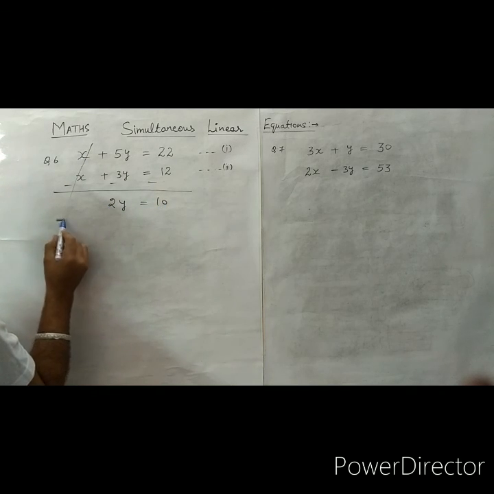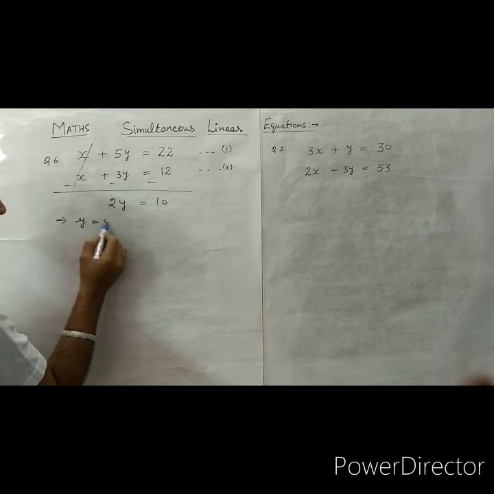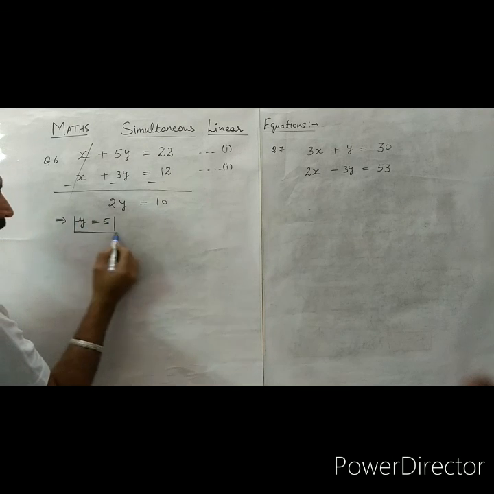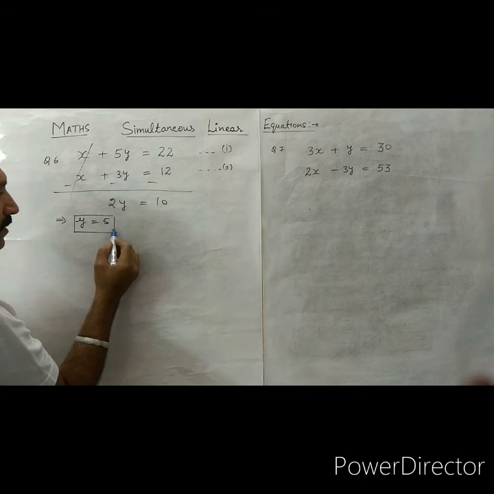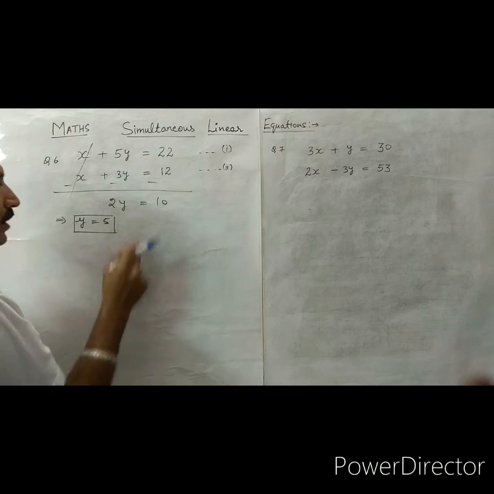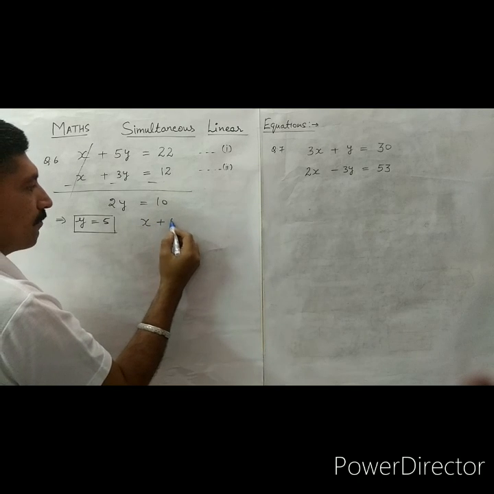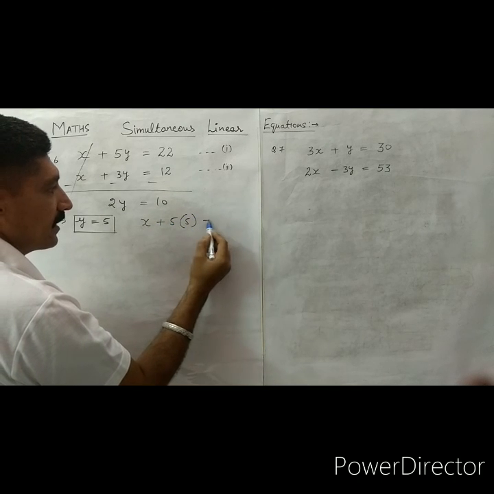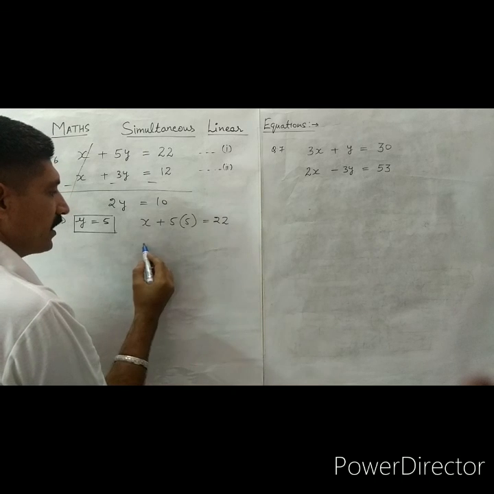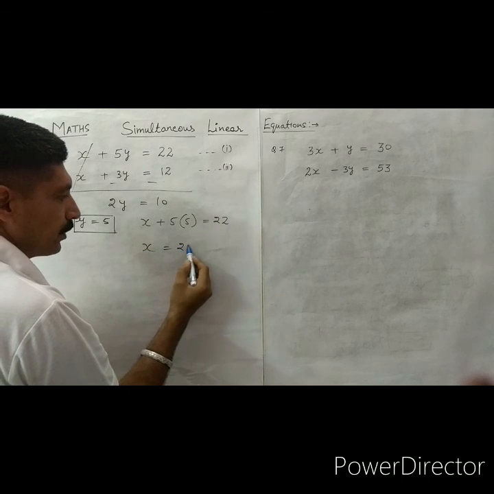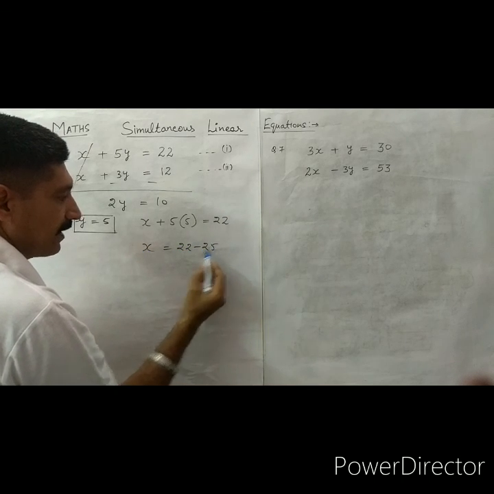This implies that y is equal to 5 here, and substituting the value of y in any of the equations, x plus 5 into 5 is equal to 22. So here x is equal to 22 minus 25.